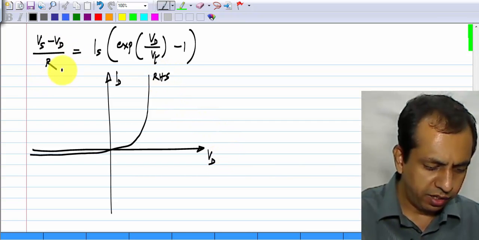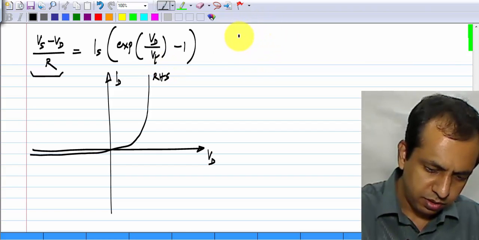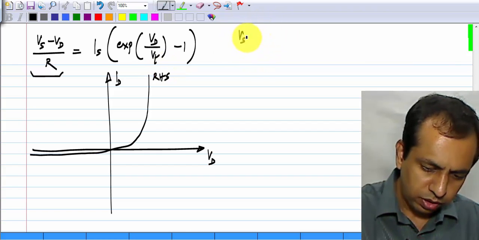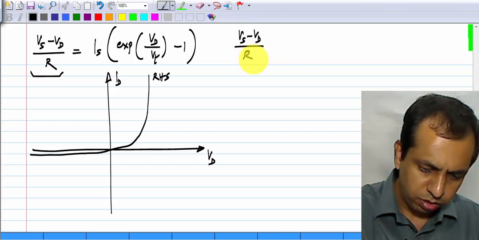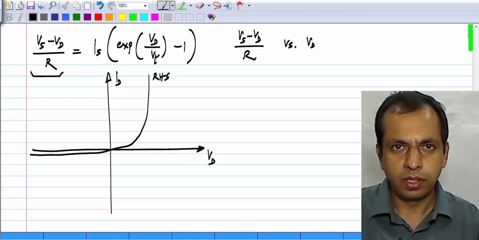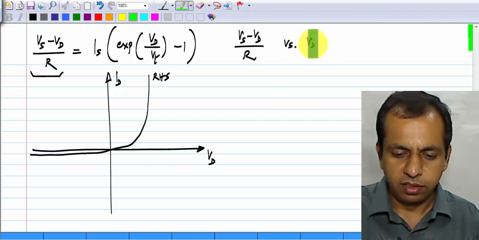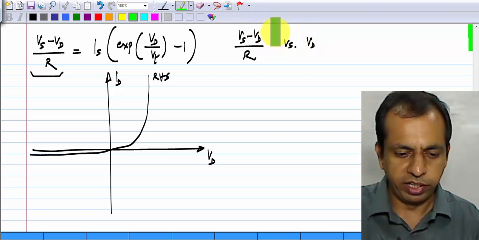And plotting the left side, that is what I want to plot is (Vs minus Vd) by R versus Vd. So, this is just a straight line. You can see that this is a linear function of Vd.